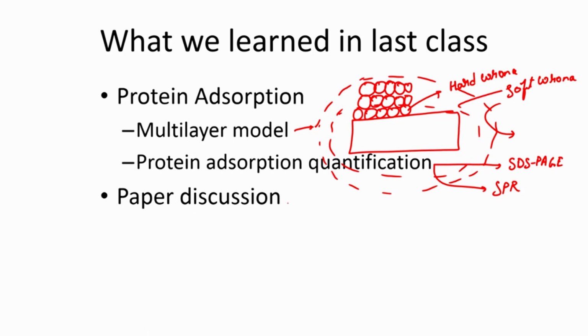And then we had a paper discussion which talked about gold nanoparticles coated with polyacrylic acid, and this paper showed what can happen once these foreign substances go in the body: all kinds of protein adsorb to them. In this case the protein involved was fibrinogen, and it was getting denatured on the surface of these gold nanoparticles. Because of that, some hidden sites were getting exposed.